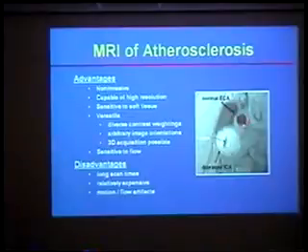It's a bright ring here, the vessel wall. You should see similar things if the internal carotid is normal. But rather, what you see is a very narrowed lumen like this right here. And then you see this entire region is all filled with lesions. That's really the plaque bulk in this case. Clearly, you can see that MR can see a lot by simply looking at this image.